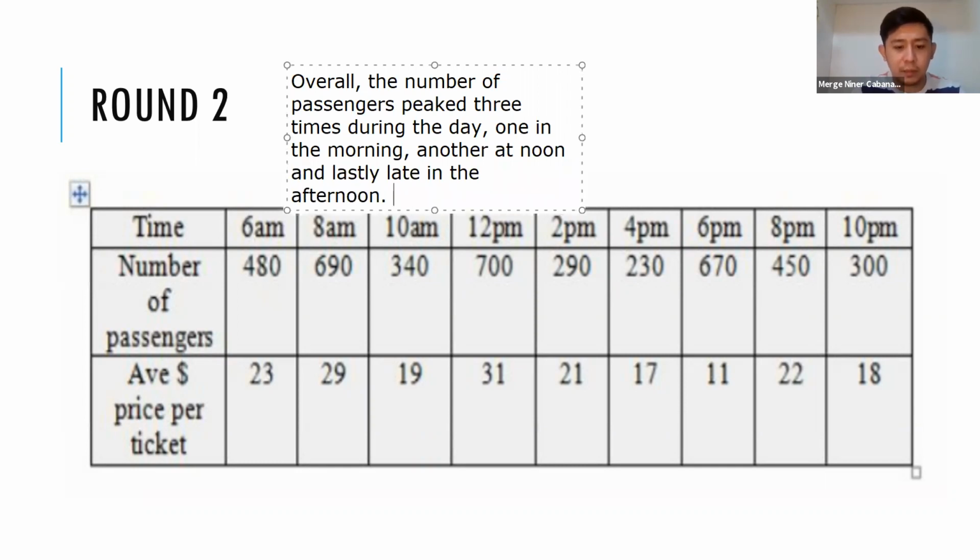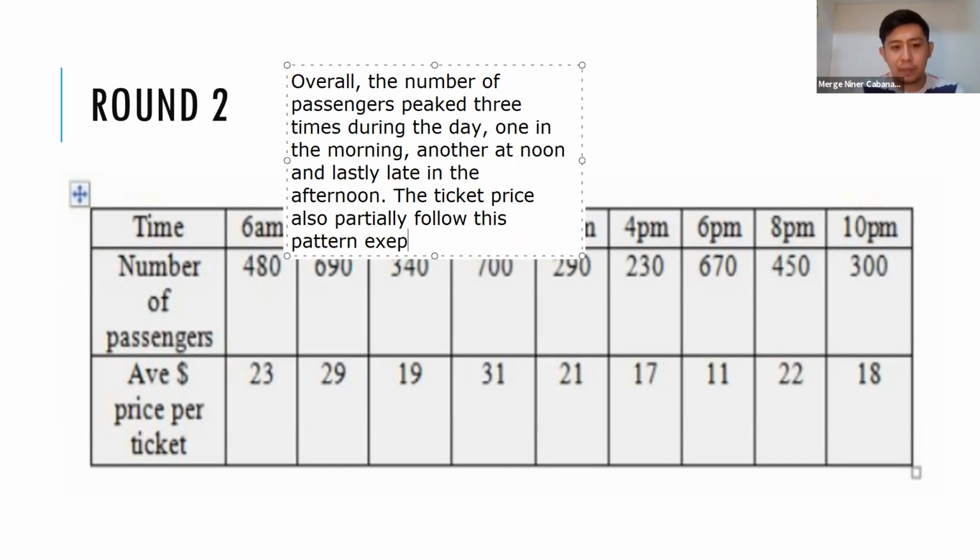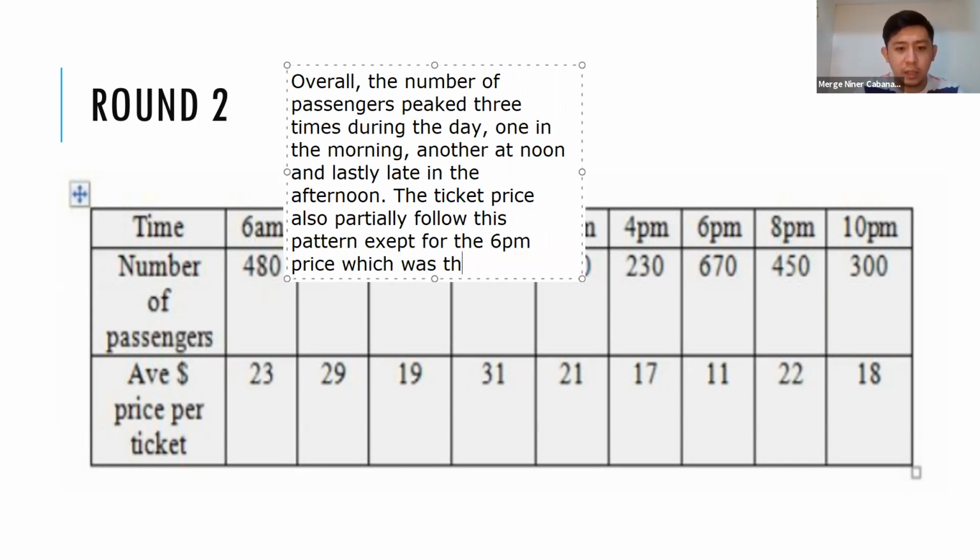The ticket price also partially follow this pattern, except for the 6 p.m. price, which was the cheapest.